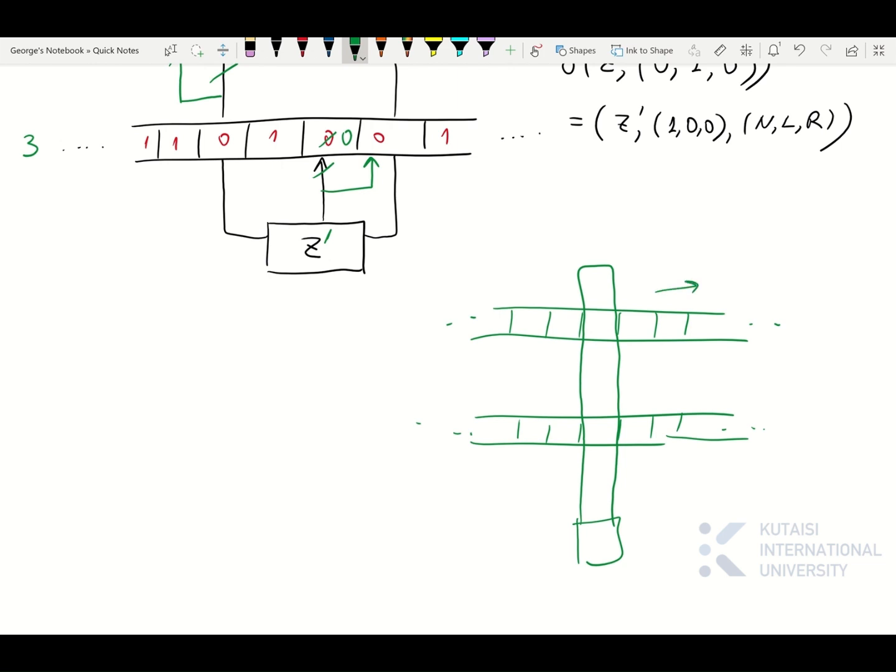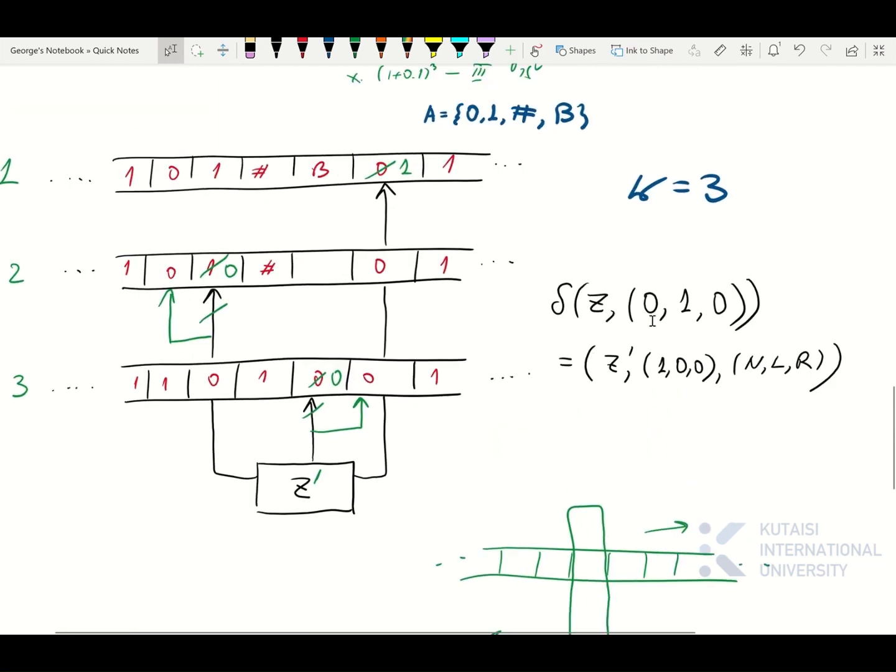However, your tapes are moving left and right. It's the same exact description, but I do not use it because if I say that my head goes right, your tape has to move left for the head to go right, and it gets confusing. So when I say R, I mean that the head goes right, not that the tape moves right. Because if the tape moves right, the head goes left.